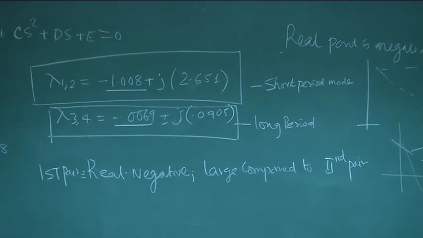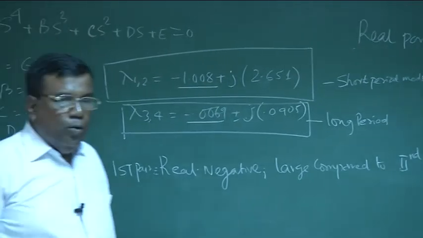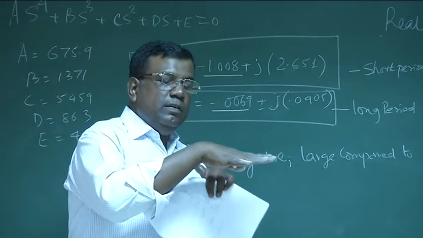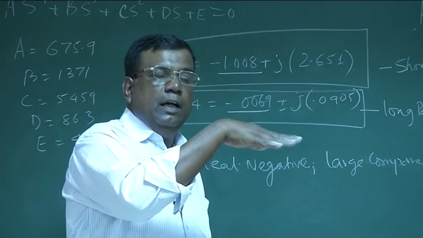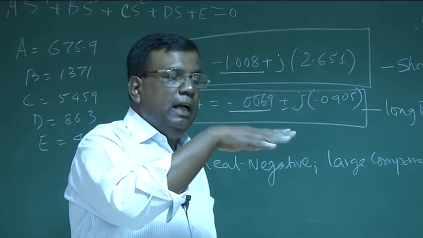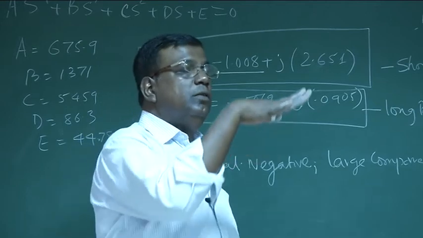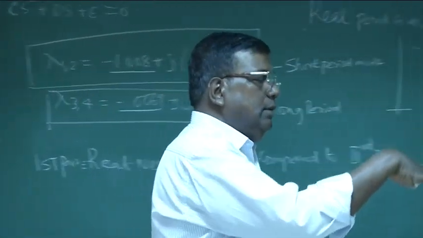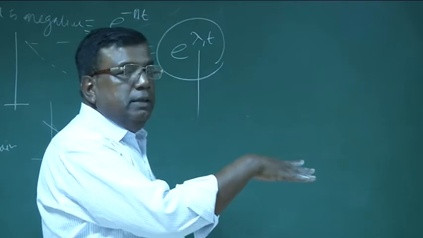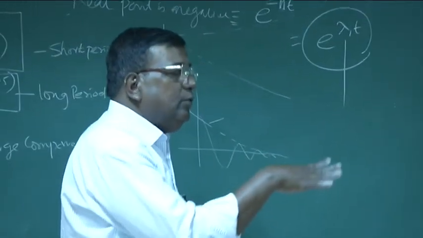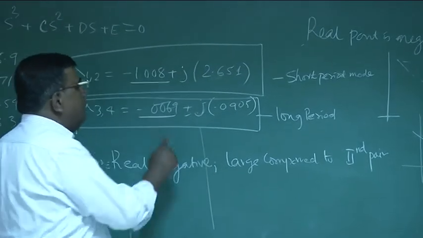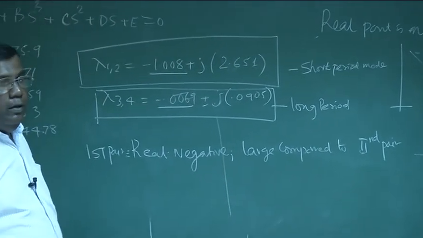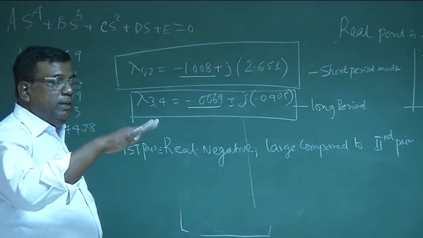Right. Now, come back to the airplane. What happens if the airplane is moving like this and you give a disturbance? Then one way it gets excited is it does like this and comes back to equilibrium. Another could be it goes on doing like this and then finally comes back. The second one is nothing but the longer period. Its real root is small negative. The first one is the short period.